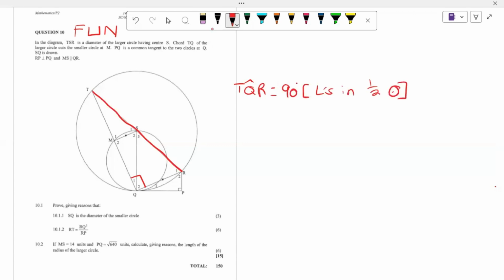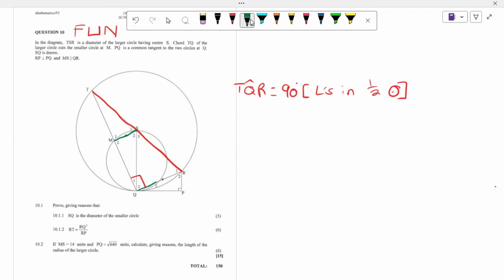But then what I'm also seeing now is that, okay, since MS is parallel to QR, let me even do it like this, MS is parallel to QR.